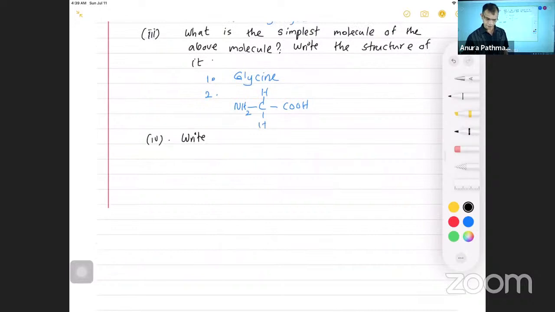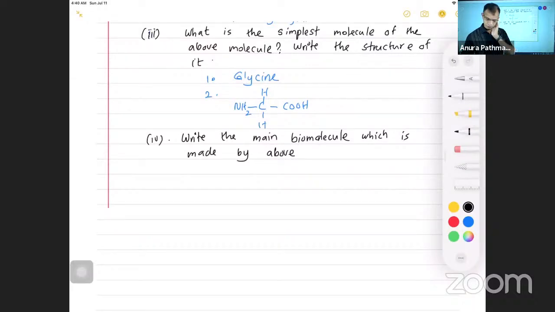Write the main biomolecule which is made by the above structure.